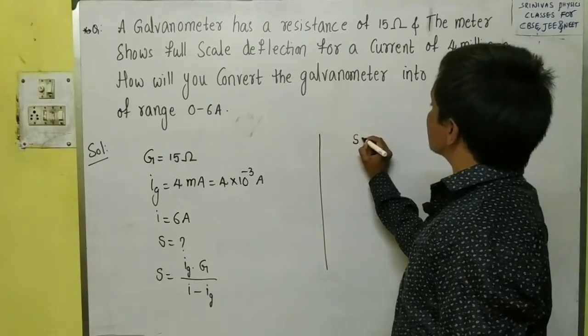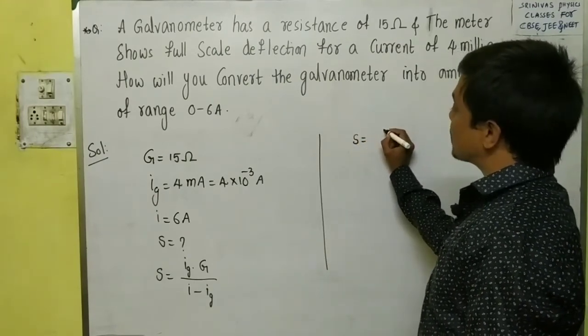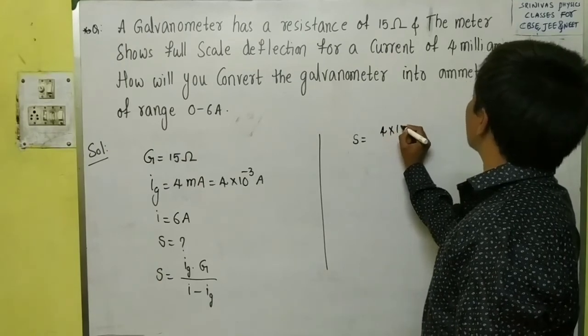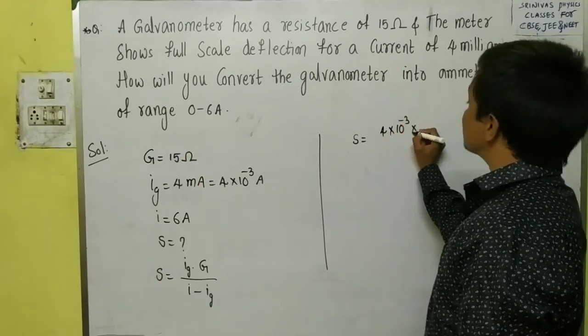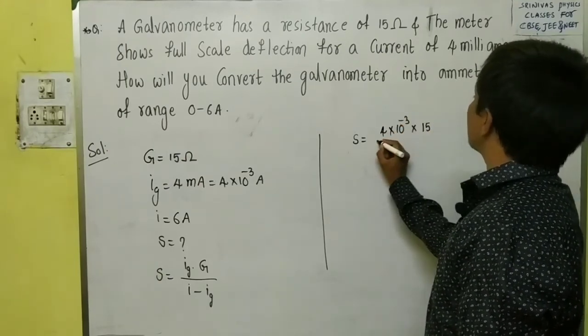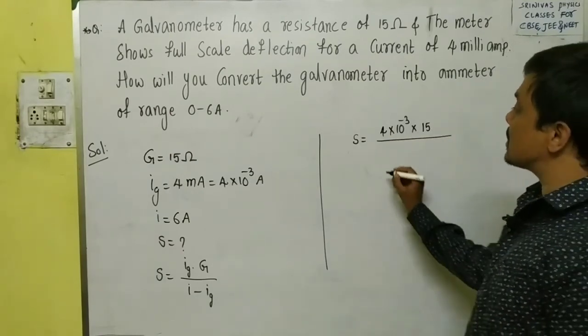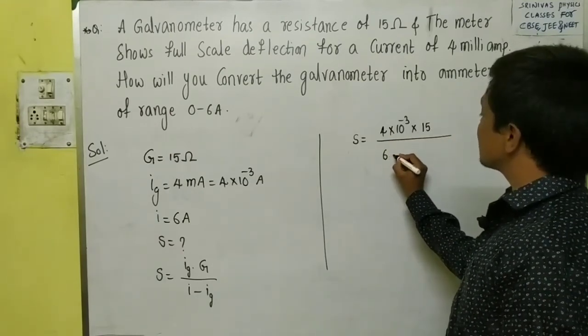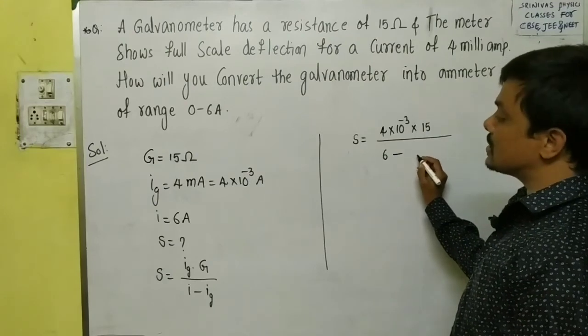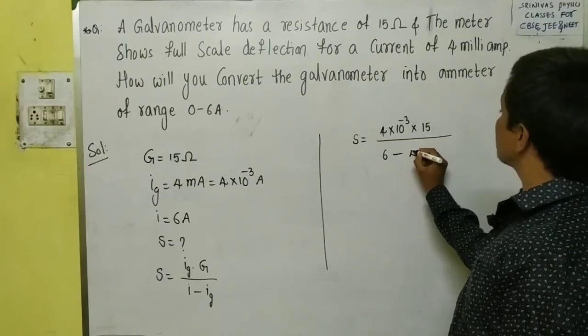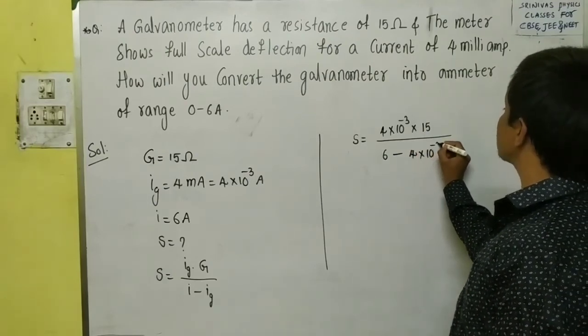S is equal to Ig, which here is 4 into 10 to the power of minus 3, G is 15, by I minus Ig. I is 6 minus Ig, and Ig is 4 into 10 to the power of minus 3.